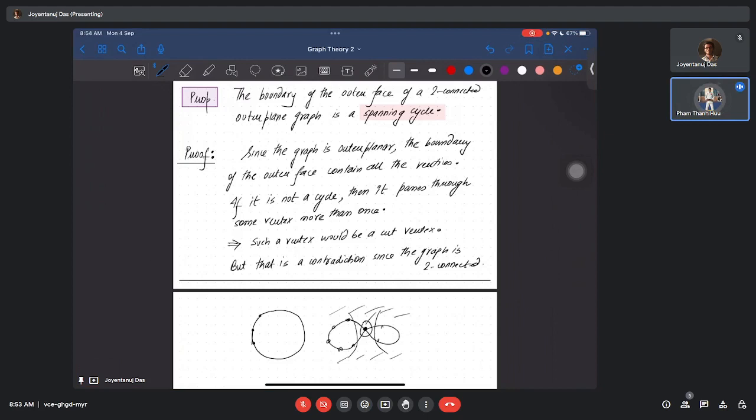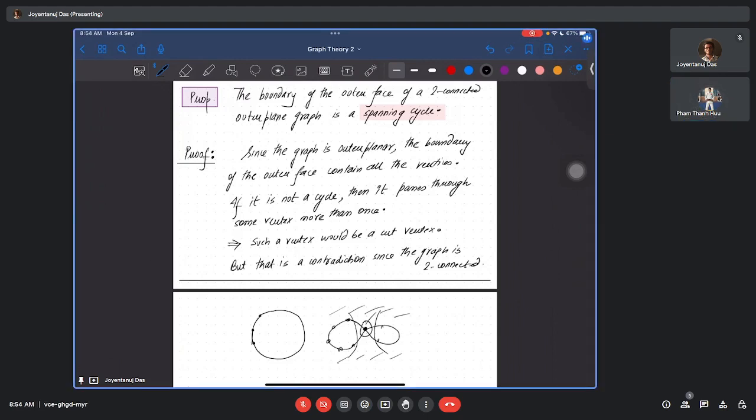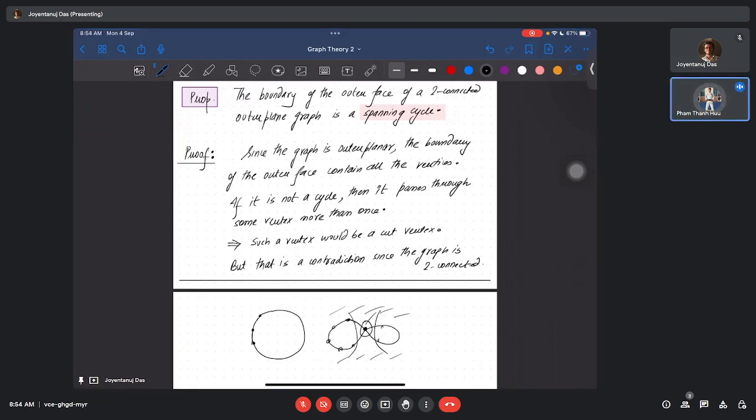What does two connected mean? Two connected means at least two vertices are needed to disconnect the graph. If we delete one vertex, the graph is still connected.